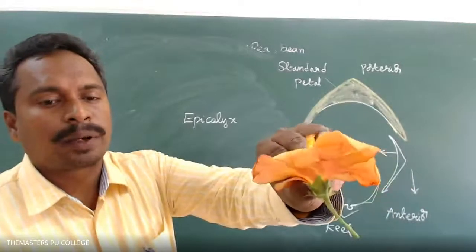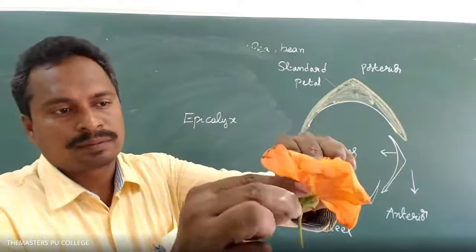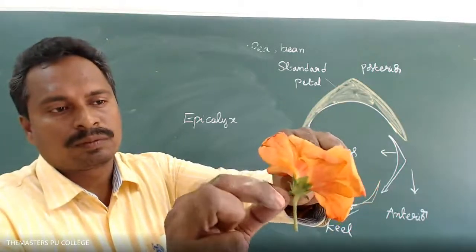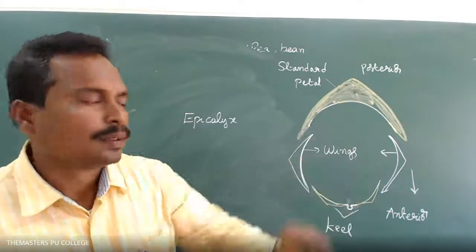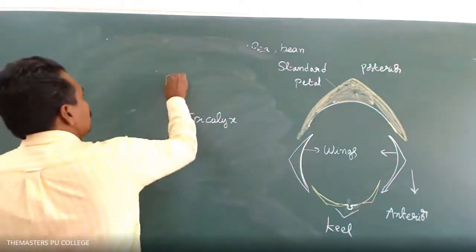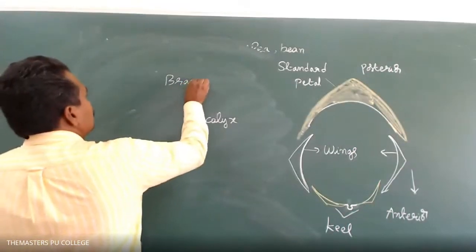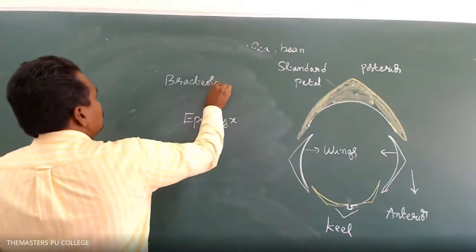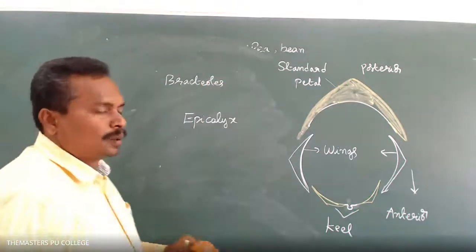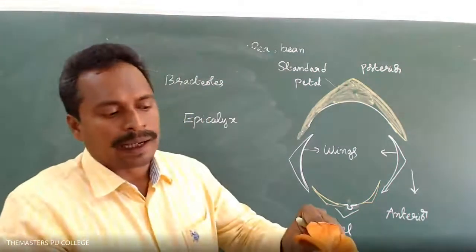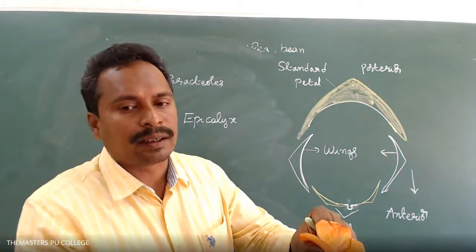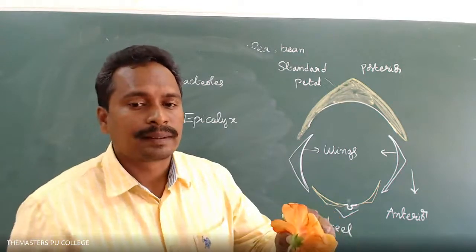These are called bracteoles. Bracteoles are attached to the calyx, then it is called epicalyx.